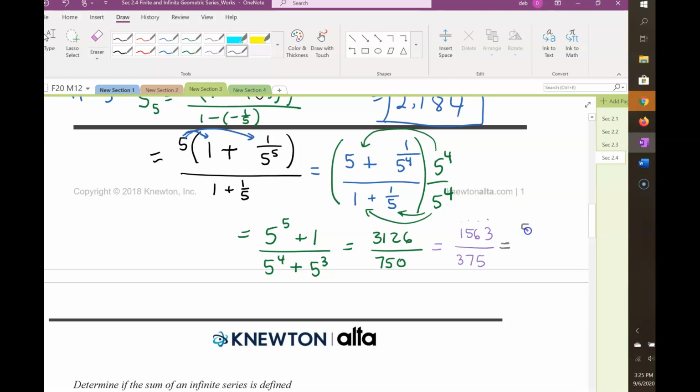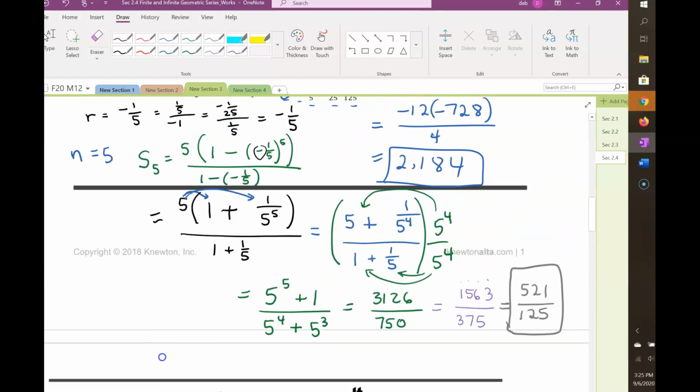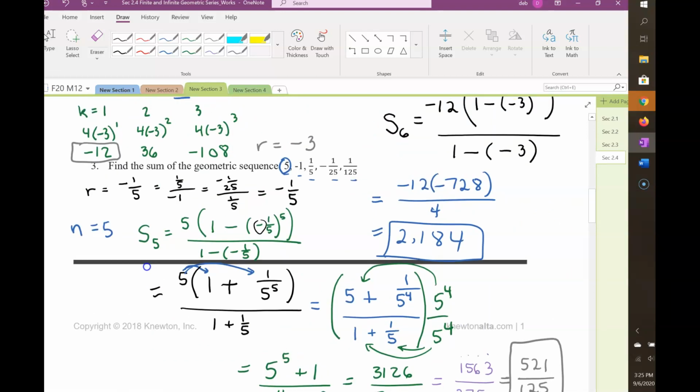So I'm going to get 521 over 125. But now I'm pretty sure I'm stuck, that I'm not going to be able to do any more simplifying. So this is going to be my final answer to the sum of these 5 terms.